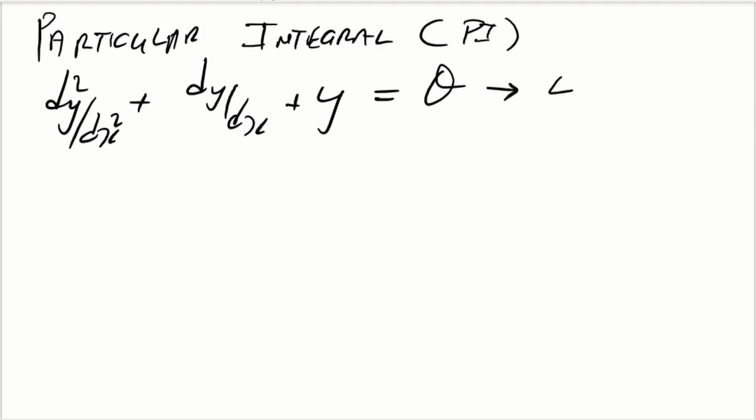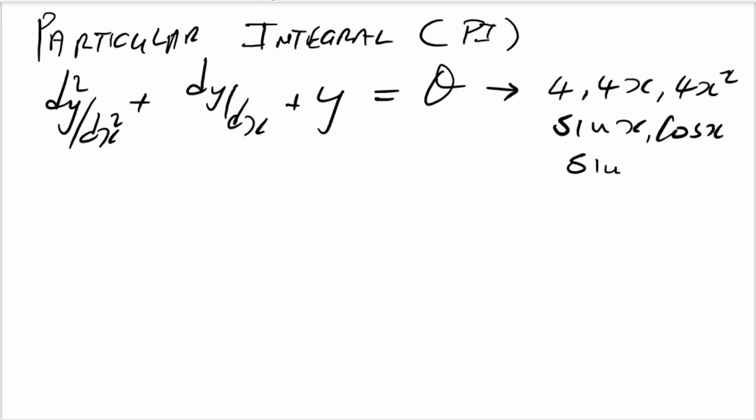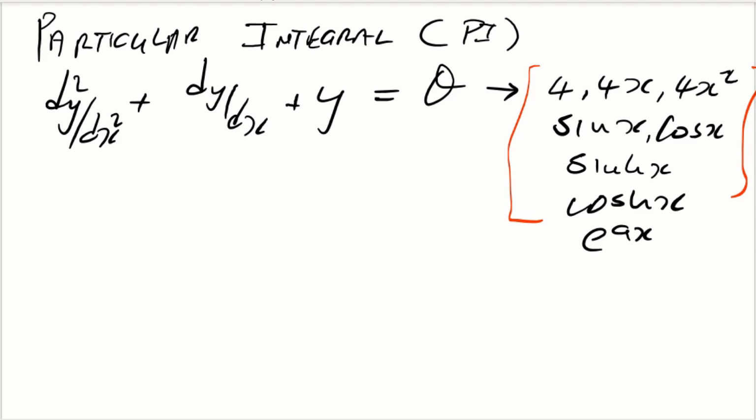It can be a number, 4x, or 4x squared, or sine x, or cos x, or your hyperbolic functions, sinh x or cosh x, or even e to the power ax.